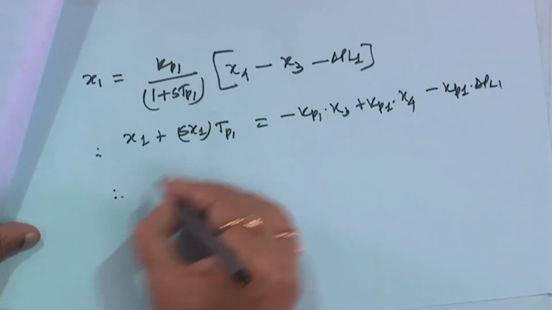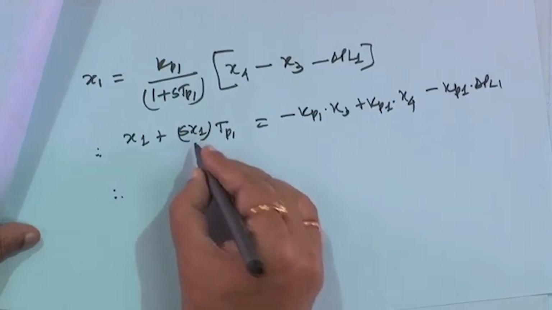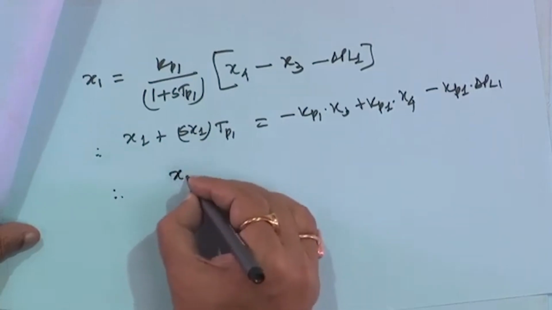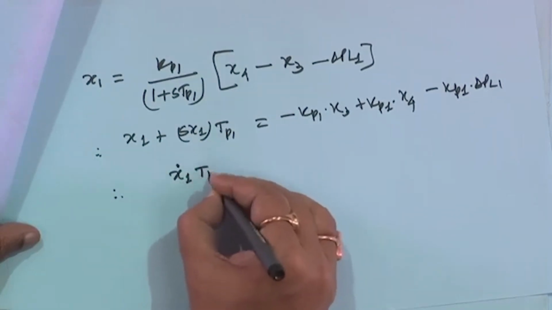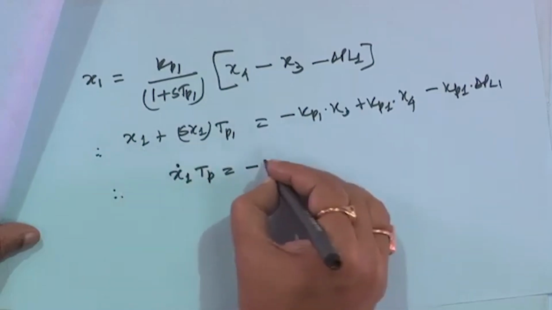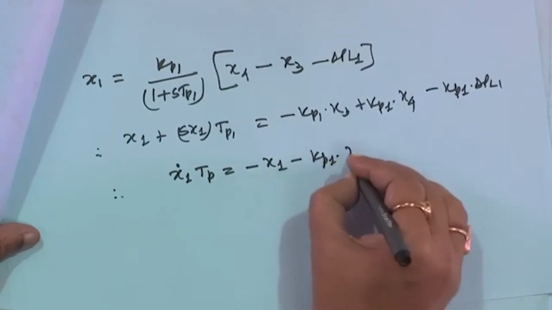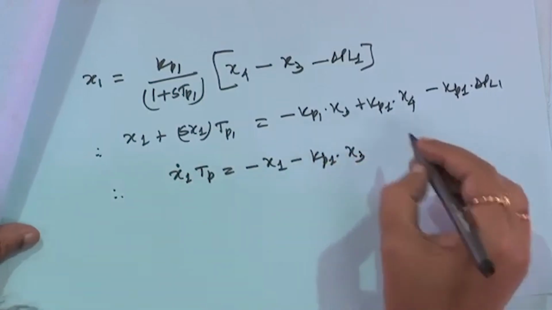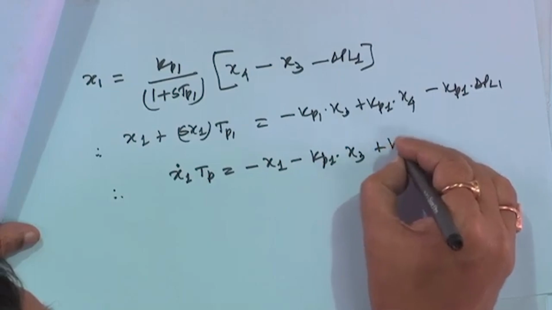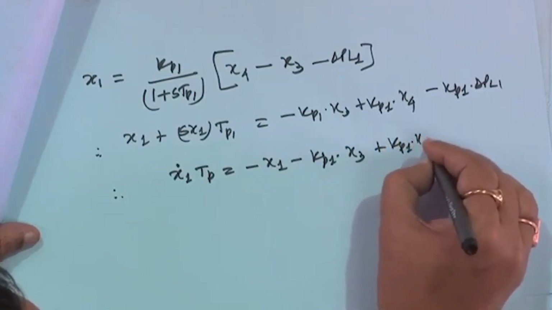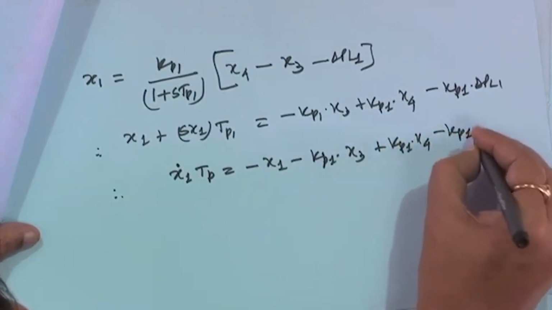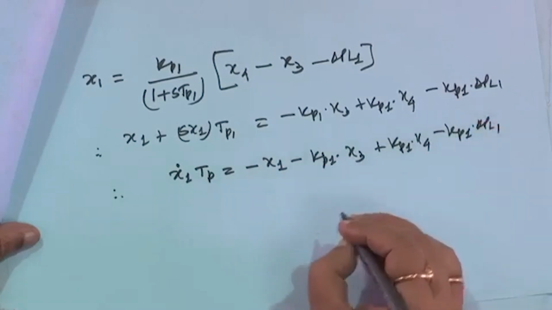That means s x1 is actually x1 dot, assuming all initial conditions are 0. So x1 dot times Tp1, with x1 going to the right hand side, is minus x1 minus Kp1 x3 plus Kp1 into x4 minus Kp1 into delta PL1.